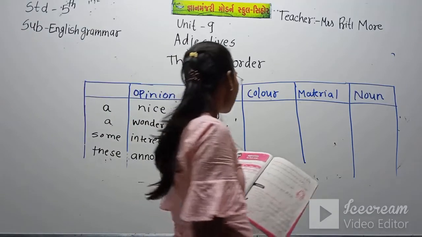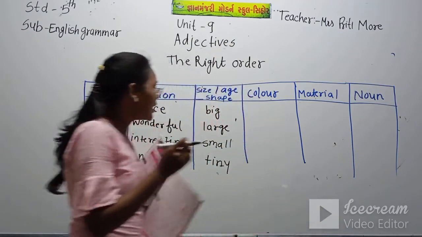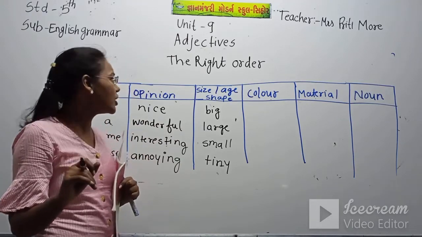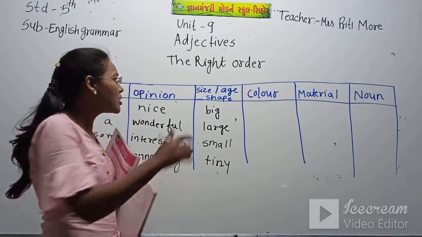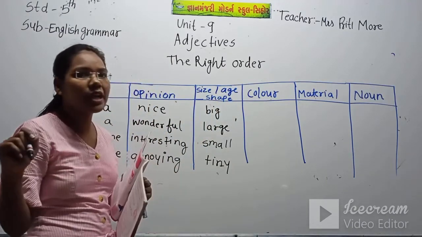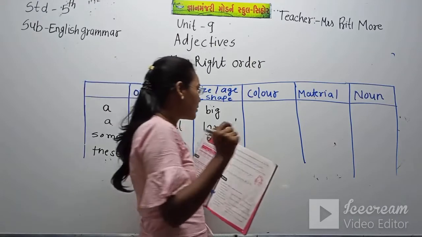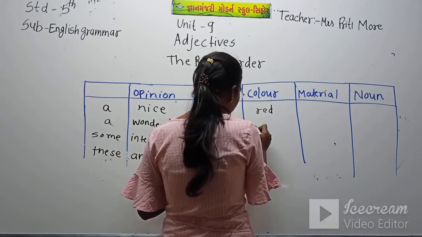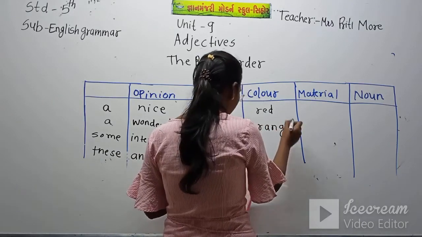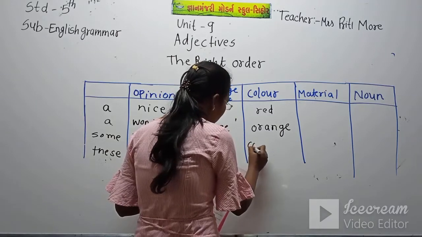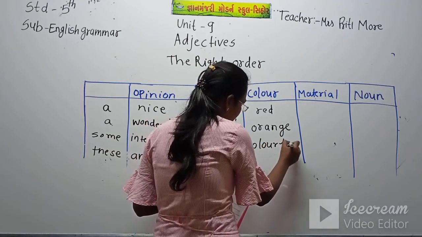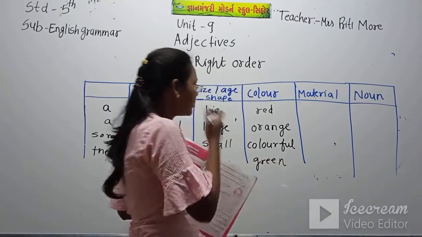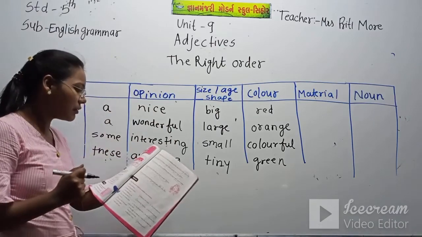Then the next is color. If a sentence has size, color, material and opinion, then after size, shape and age we write color: red, orange, colorful, green.